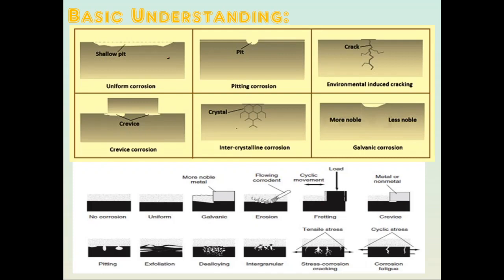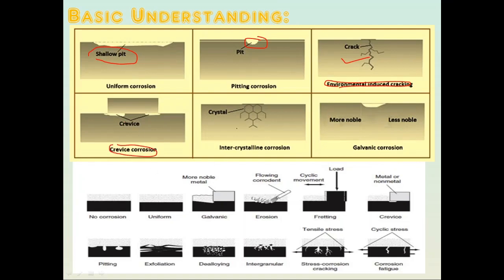In wet corrosion it will form shallow pits or deep pitting, or it may crack. This is environment induced cracking, like chloride stress corrosion cracking, caustic stress corrosion cracking, or amine stress corrosion cracking.